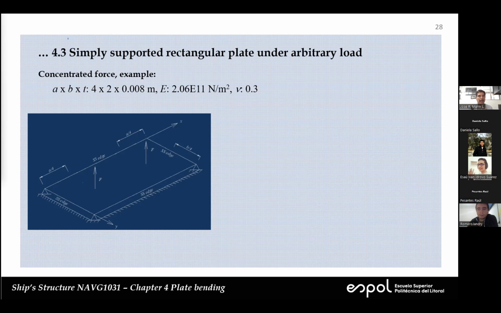Now we have 2 applied forces, one here and one here, concentrated. But the process is the same. Why? Because this is a linear problem, and we can superimpose solutions. So this is the general expression, PMN.